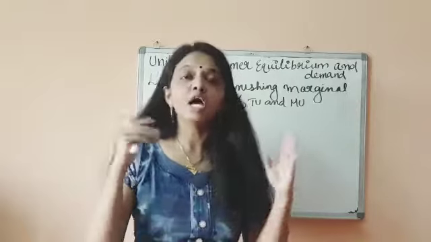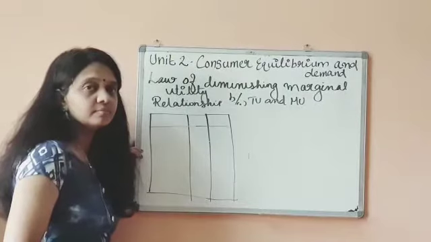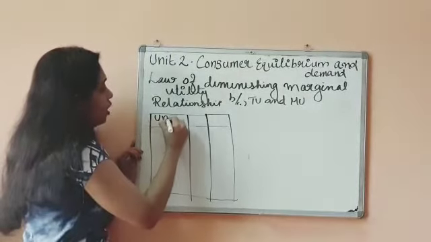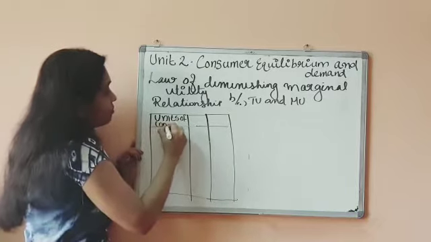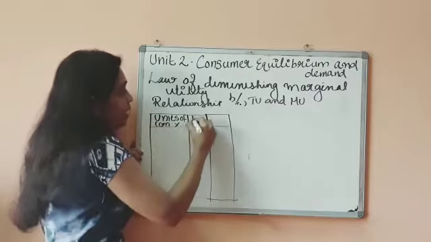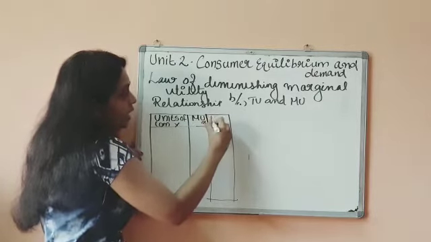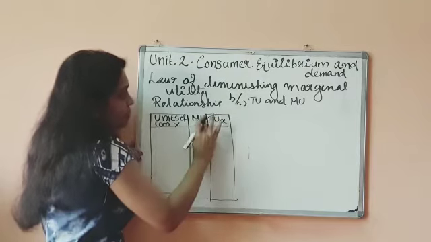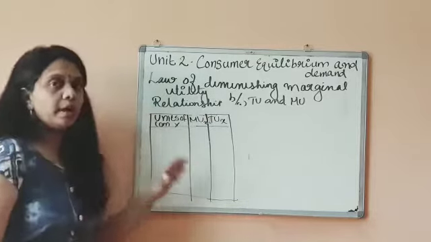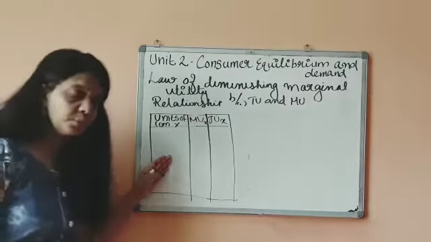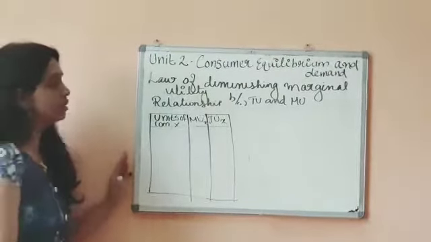I am going to explain this with the help of a diagram. First column, units of commodity X, then MUx, then TUx. With the help of this schedule, I will draw a diagram also. Then it will be very clear to you.